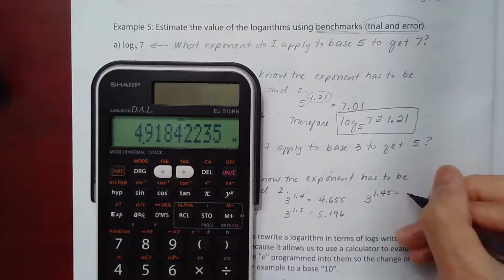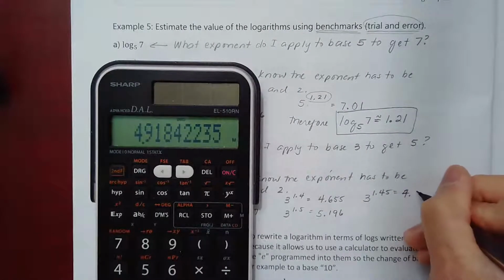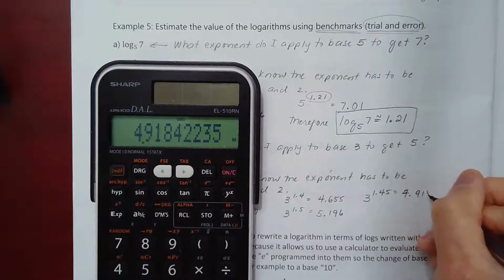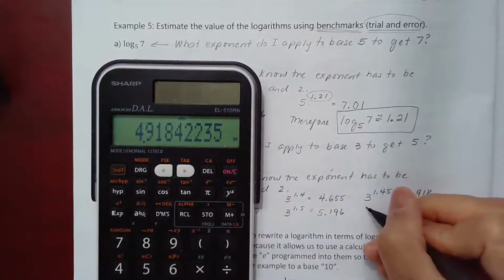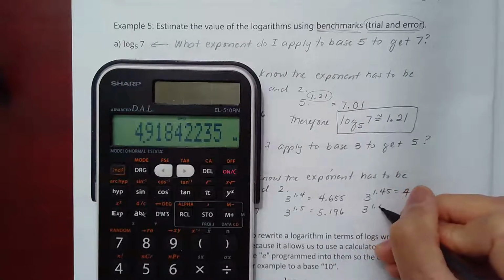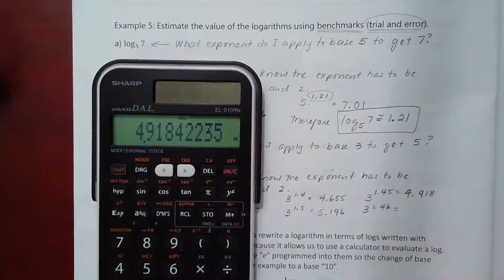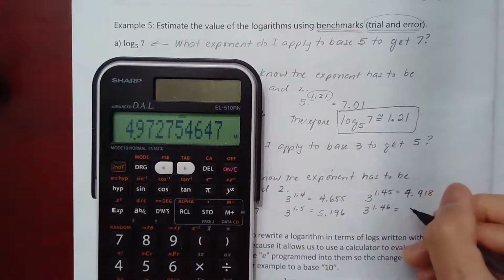Okay, so it's going to be 4.918. Okay, it's getting really, really close to 5. So I'm going to go 3 to the exponent 1.46, which is 4.97.